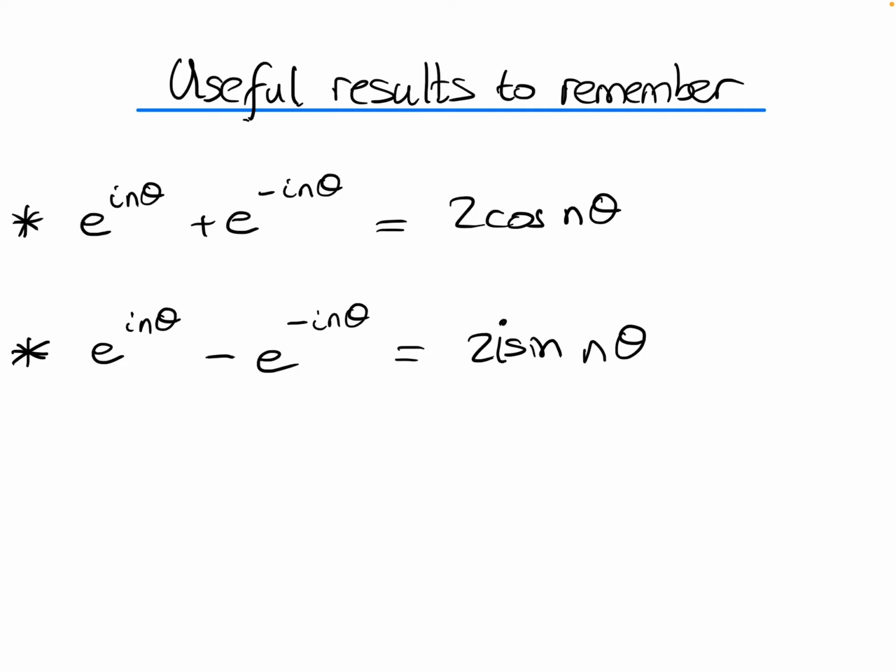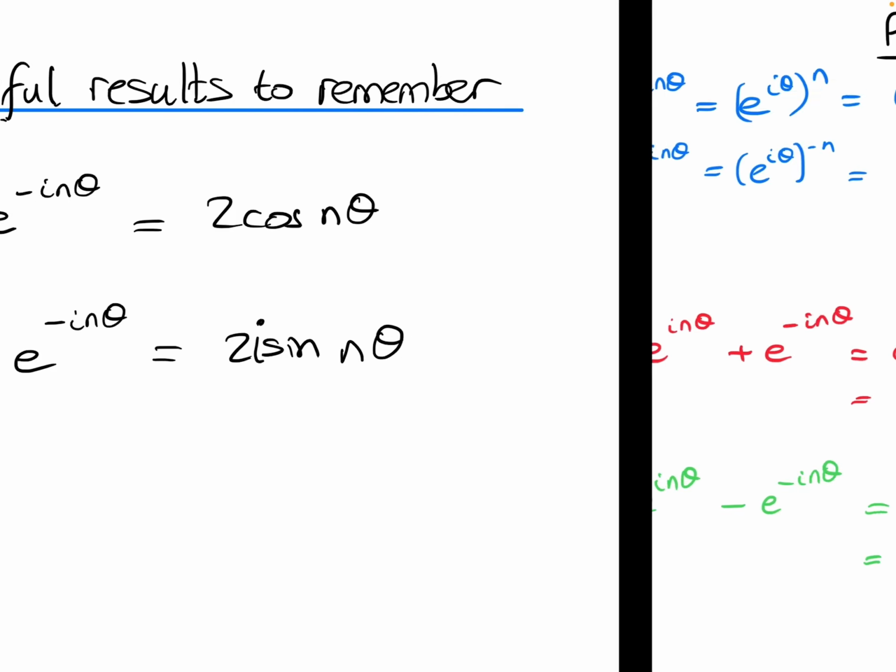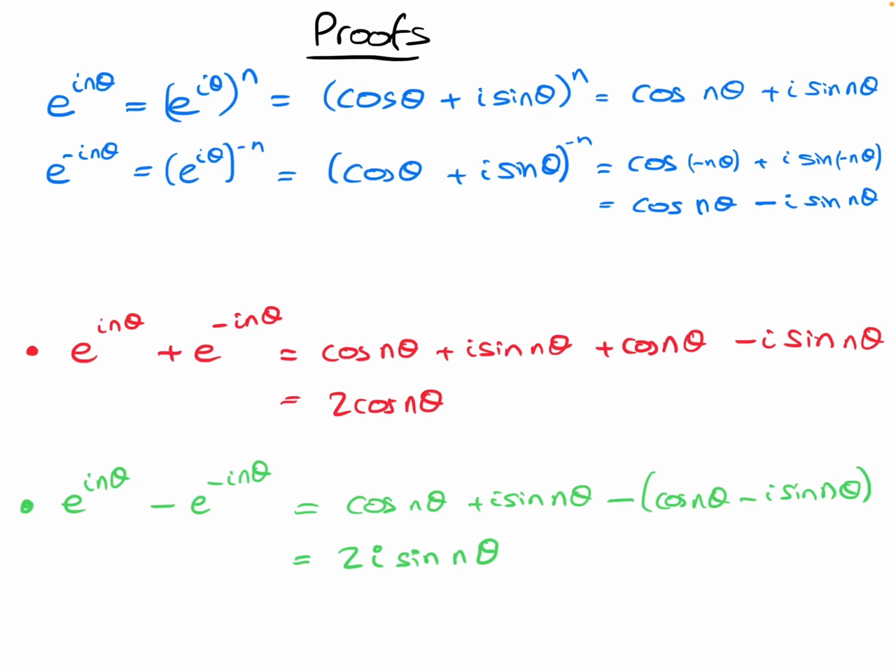Or if you subtract them, e to the in theta minus e to the minus in theta, that's equal to 2i sine n theta. The proofs of those results, just a quick reminder if you're interested, are there. We did cover these in the previous video though. So again, I'll post a link to that in the description of this video if you need to go back and refresh yourself about those results.